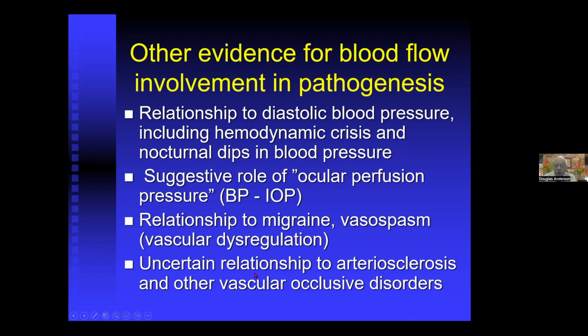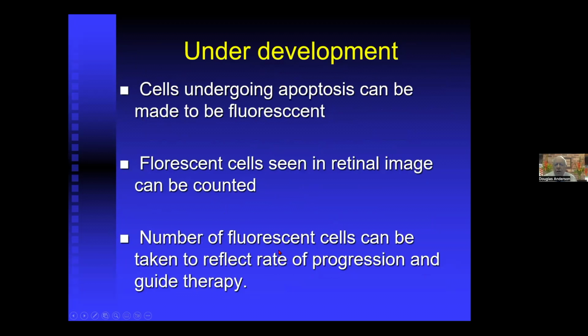And these two, the microcirculation, which is affected by vascular dysregulation, and the macrocirculation, the arteries, which are affected by arteriosclerosis, atherosclerosis, and so on. And so all of this suggests that the vascular system is somehow involved in this problem.